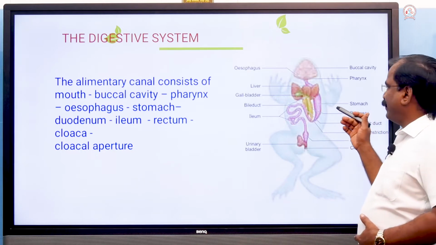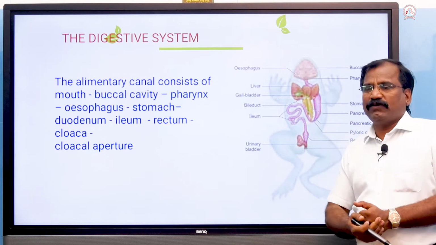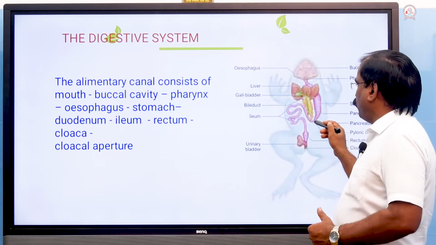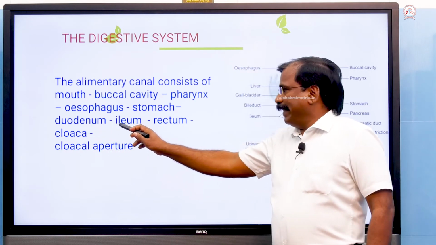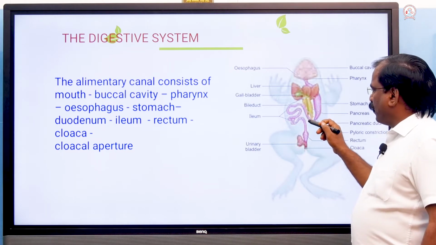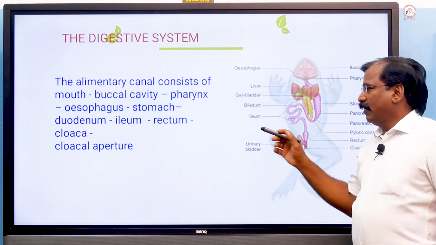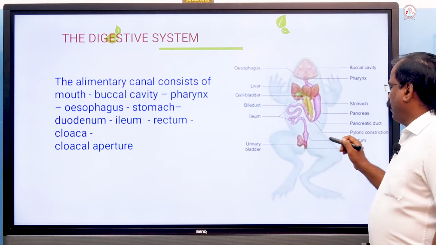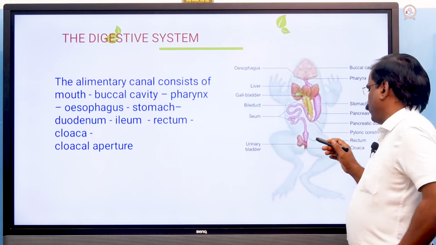After the stomach is the small intestine, which is divided into the U-shaped duodenum, then the coiled ileum, and then next is the rectum. The ileum leads to the rectum, where the fecal matter and digested waste materials are stored temporarily.